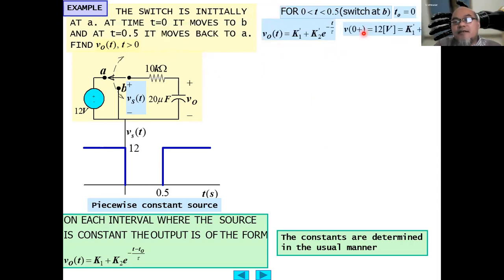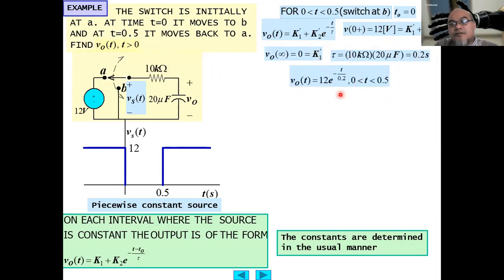The V output at 0 plus, just after the switching happens, is 12 volt, the initial value, which is equal to K1 dash plus K2 dash. V output at infinity equals 0, equals K1 dash. So tau is obtained, and we obtain the solution to be 12 times exponent minus t over 0.2, between 0 to 0.5 second.